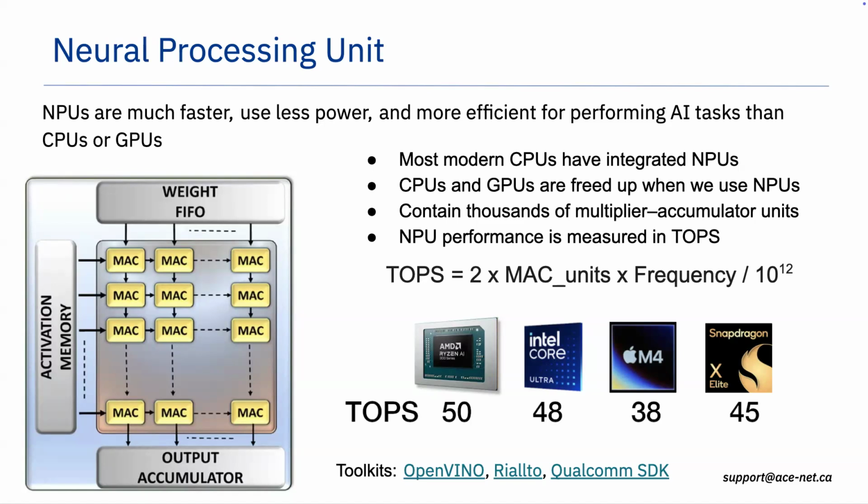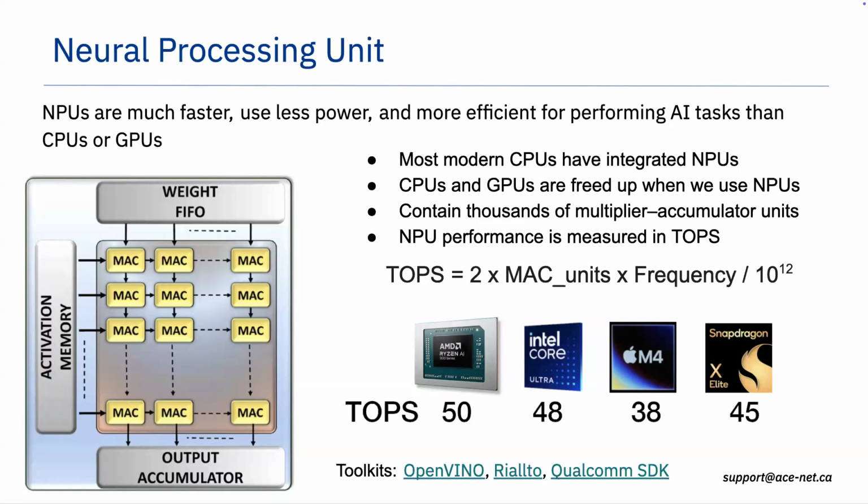Performance of NPUs is measured in TOPS, or trillion operations per second. TOPS provides a fairly rough estimate of NPU performance, but this metric does not accurately reflect real-world AI PC performance.